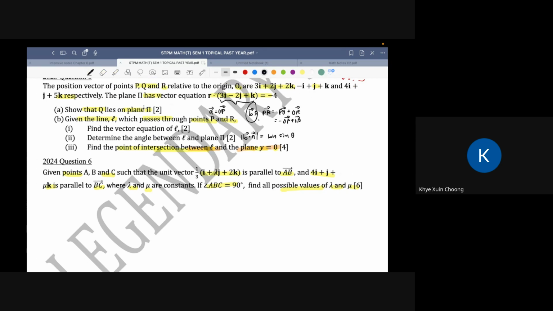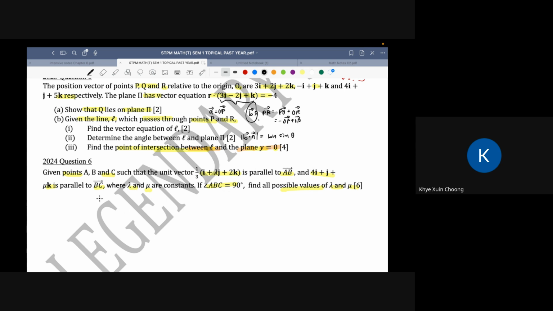We use the information that it gives us. It says that this one is parallel to AB and this one is parallel to BC. If angle ABC is 90 degrees, that means these two vectors, their dot product should be 0.